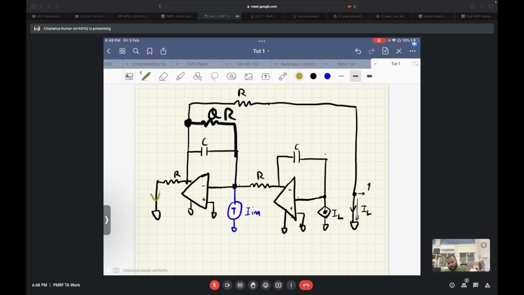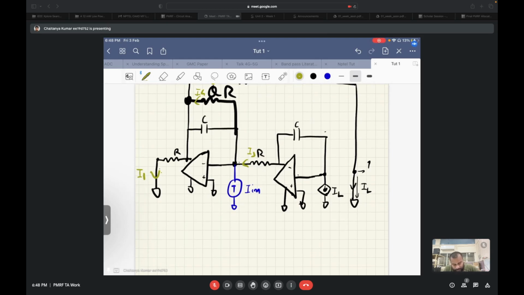Now we will try to find the transfer function at the output and the rest of the nodes as well. Let's call this again I3. Let the notation be the same. This is I4, this is I2, and this is I3. So this is what we have now.